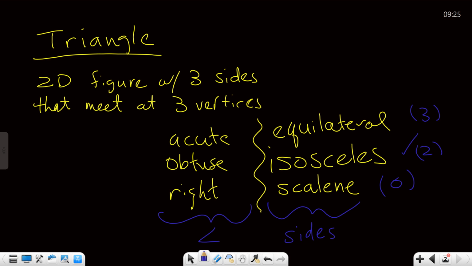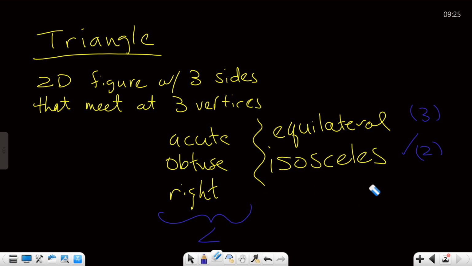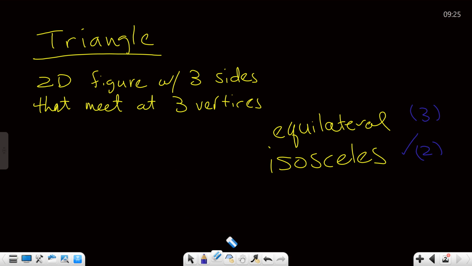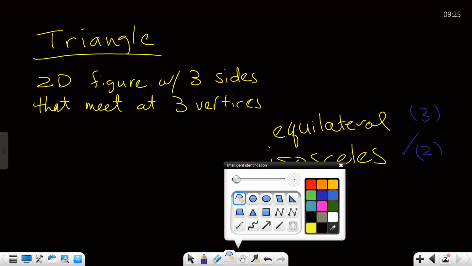We're going to focus on these two today: equilateral and isosceles. Okay, so let's draw them.